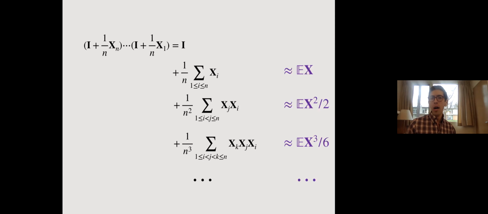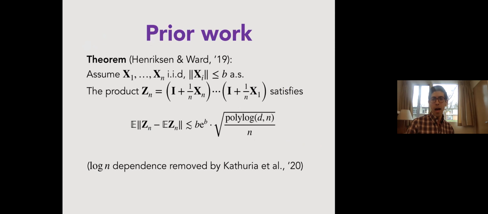The answer is no. The first order expansion is easy, but everything else actually still contributes non-negligibly to your sum. And if you're trying to think about where that e to the b term came in the Henriksen and Ward bound, it's there precisely because the size of these random matrices that appear in the independent sums grows as I go further and further into the expansion. And so the sum of all of these sizes scales like e to the b.